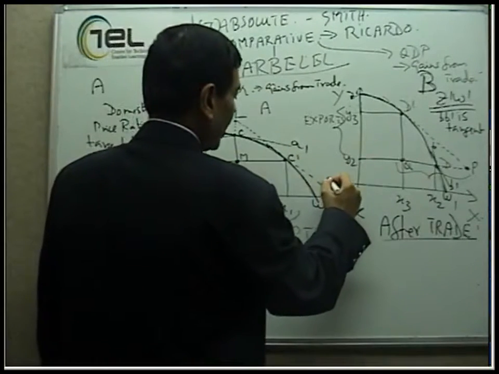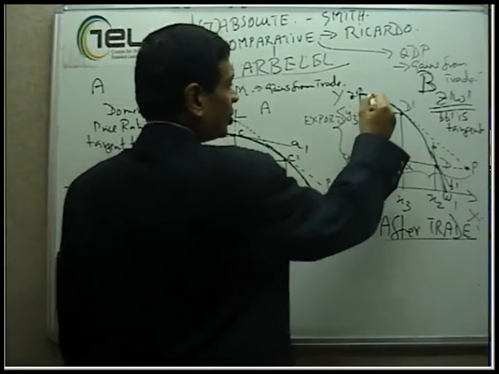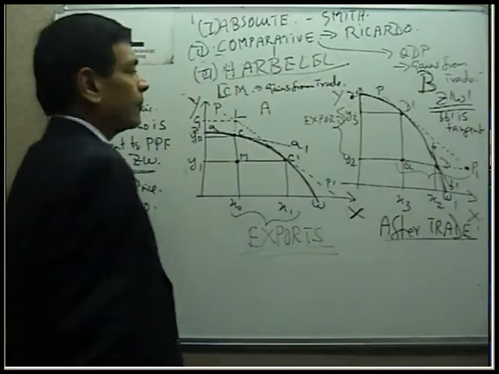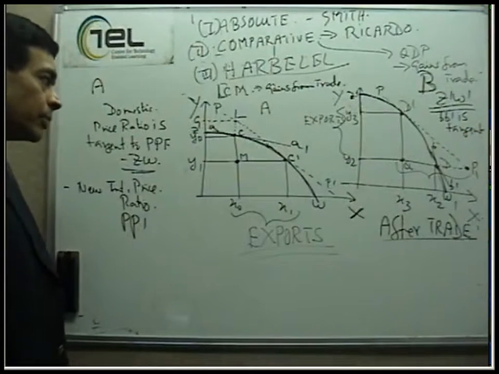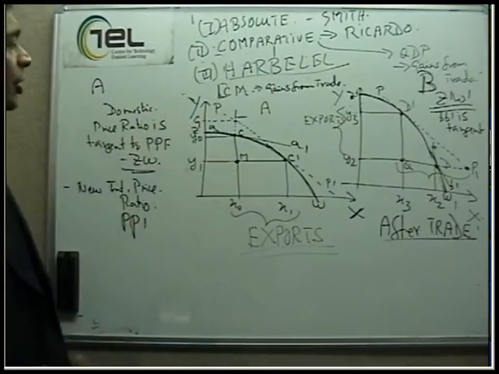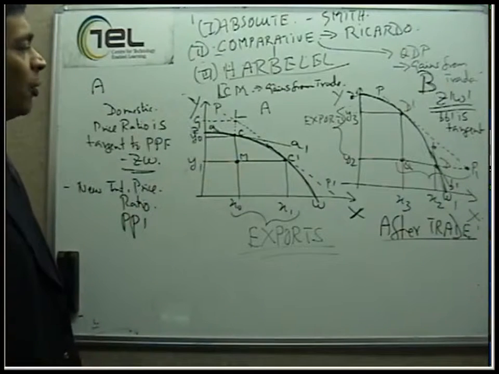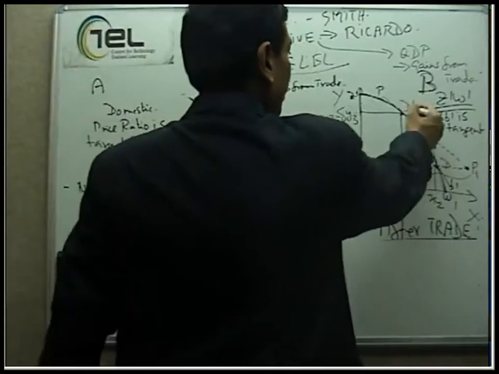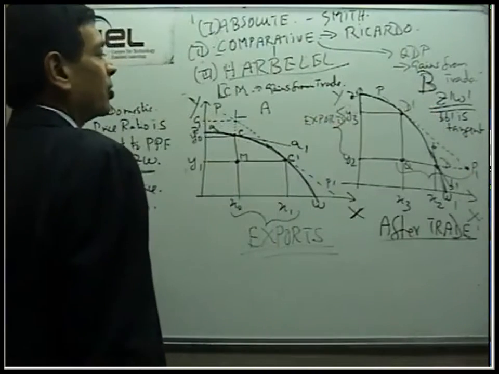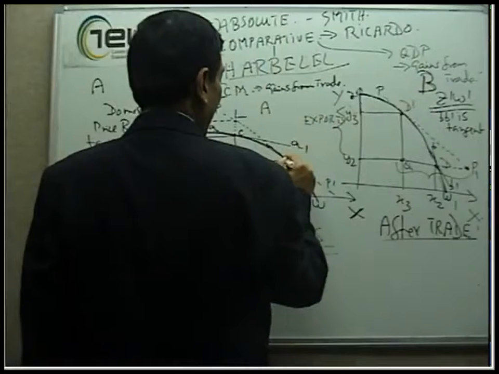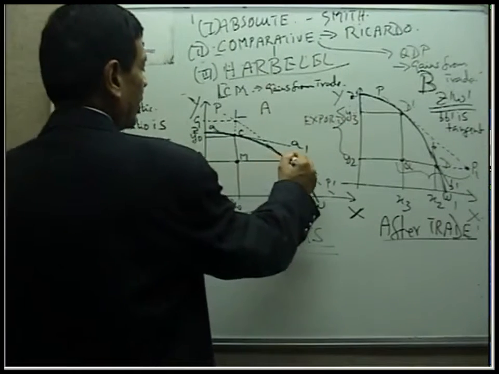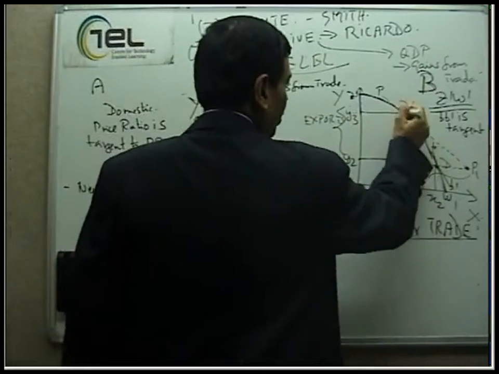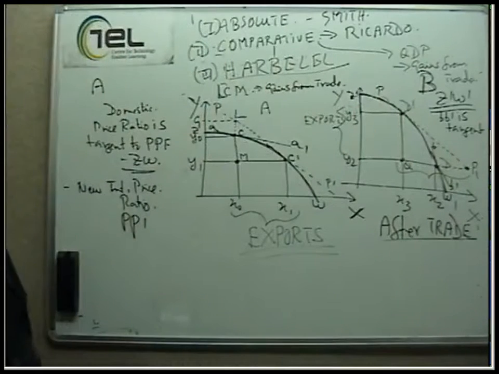That's given in the dashed line, PP dash, and again here also PP dash. PP dash quite clearly tells you the international price ratio, which is parallel to this but tangent to the production frontier here at D1 and tangent to the production frontier here at C1. So you're moving from C to C1, and from D to D1 in the case of country B.